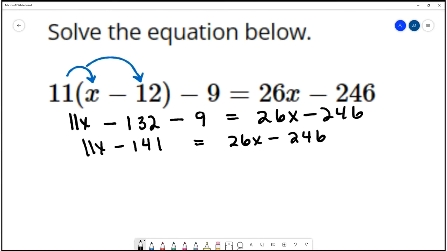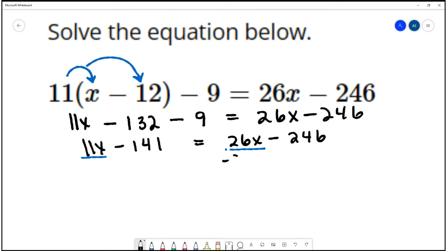Now we've made each side as simple as possible, and now we want to collect all of the variable terms onto one side. So I have a variable term of 11x and a variable term of 26x.